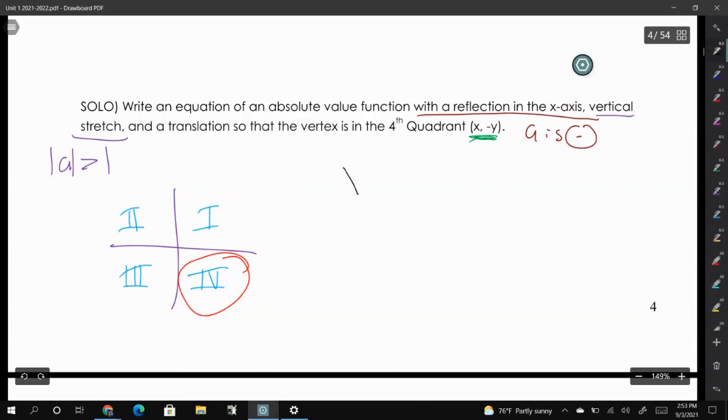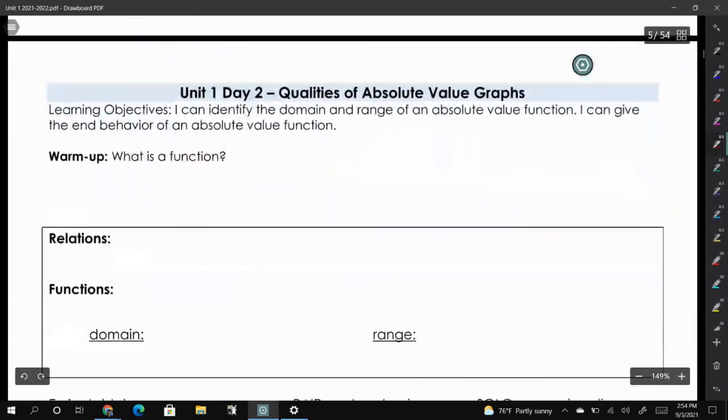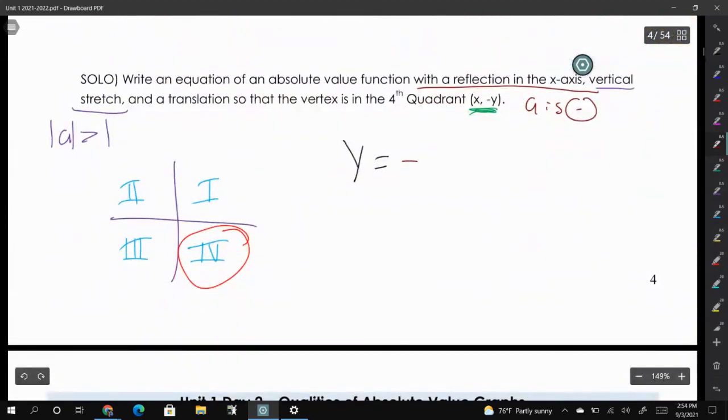Right, y equals, and there are multiple correct answers, so let's start with a negative in front because we have a reflection. And we just need any number in front that's bigger than 1. Let's go with 7. That was one of my hockey numbers. Let's go with that. X. Now, if we want to be in quadrant 4, that means we need to have a negative sign right here because our vertex has to have a positive x coordinate.